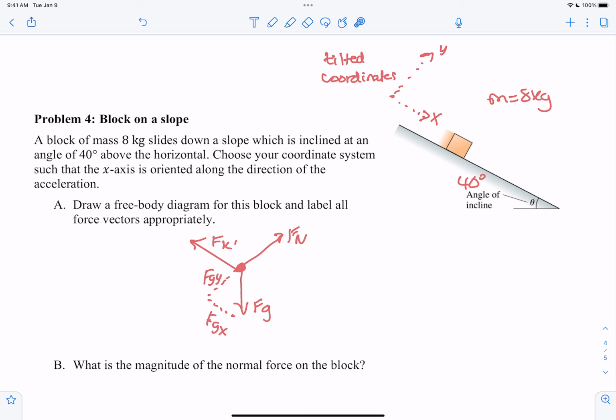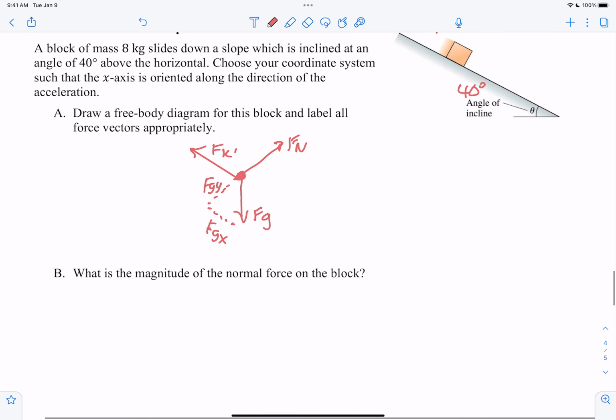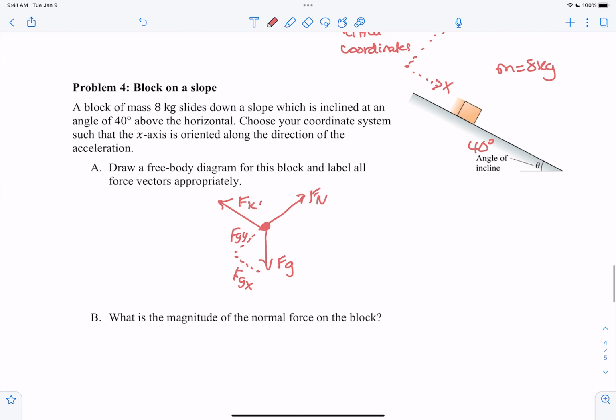There's no net force in that direction, because this block isn't all of a sudden levitating or sinking through the incline. So Fn should be equal to Fgy. And so we have Fgx, we have Fk prime, we have Fg, we have Fn, and I believe that is it for our free body diagram. So Fgx, Fgy, Fn, Fk prime. Sound good so far?